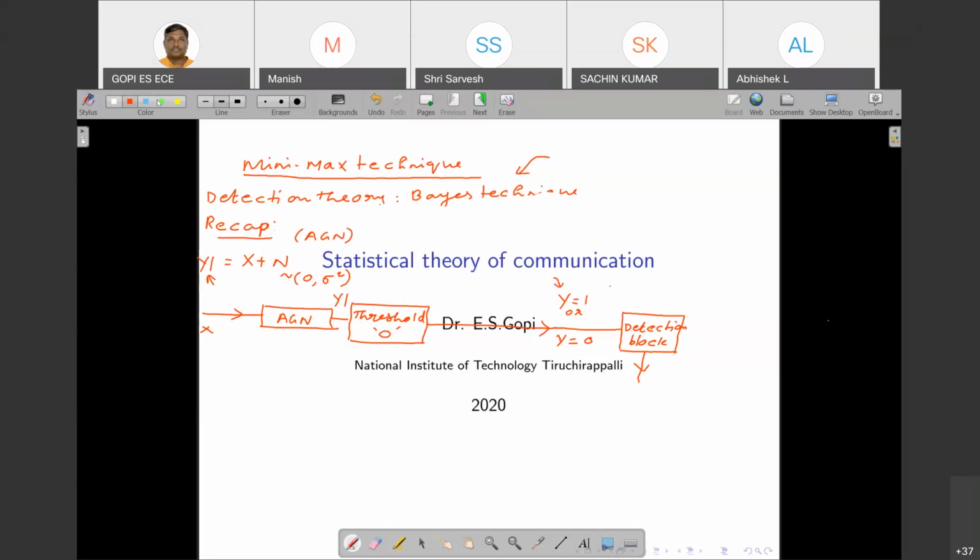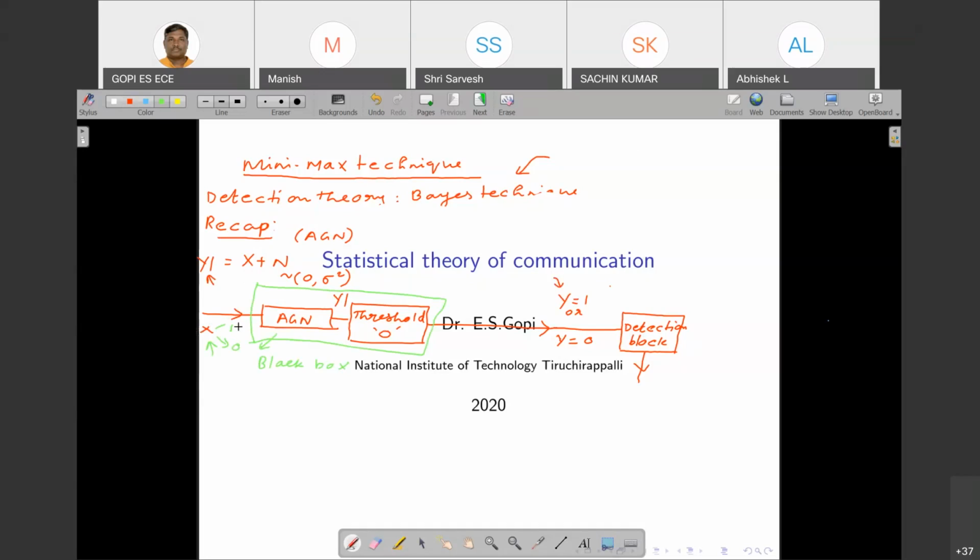So if you make these two combined together as a black box, as far as this is considered, what is being transmitted from the transmitter x takes that value 1 or 0. I mean, it is the identity.